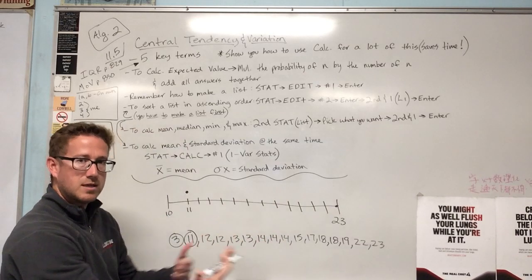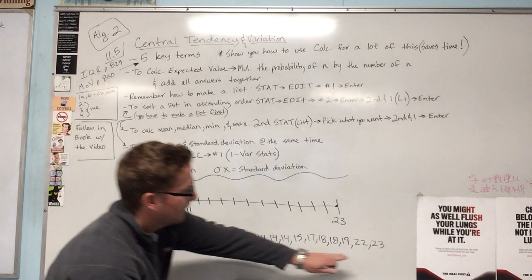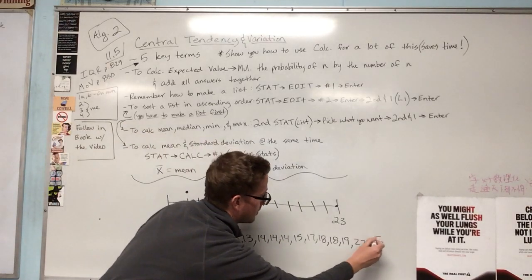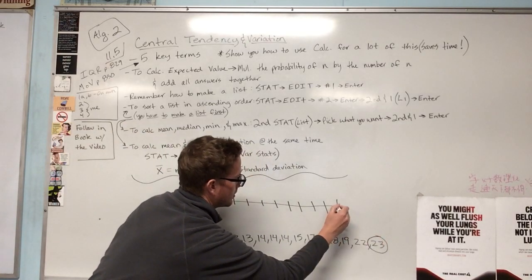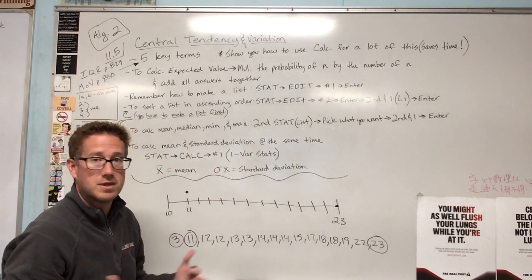Okay, so we're filling in our little number line here. 11's been used, so we're good with that. The 23, that's our biggest number. It has been used, so we're good with that. And I'm circling the numbers that are all used because you don't use them again.